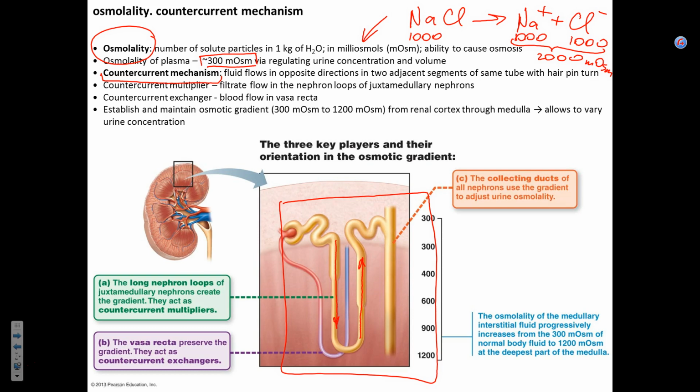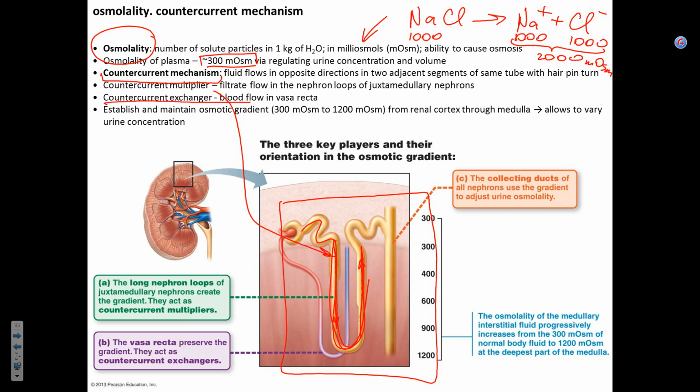So the nephron loop, this yellow part, is the countercurrent multiplier. The function of countercurrent multiplier is to regulate the concentration of the filtrate.